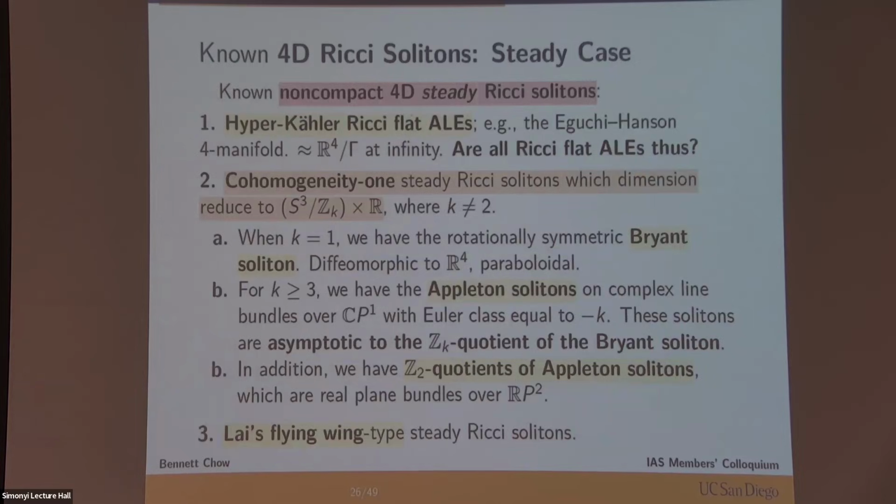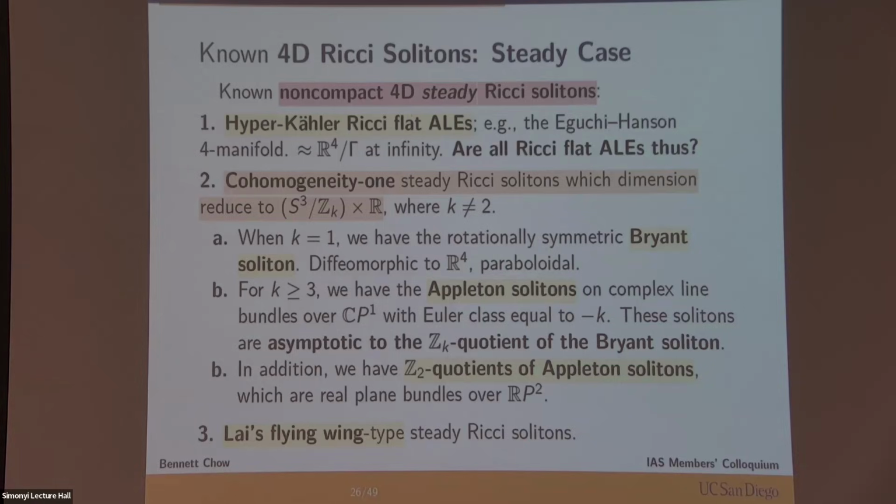Okay, so that was a couple of examples of shrinking solitons. Now let's look at steady solitons. In this case, there are a number here. As before, we mentioned the Ricci-flat ALEs, and the only ones known to exist are the hyperkähler ones. And of course, there's a well-known conjecture that those are all.